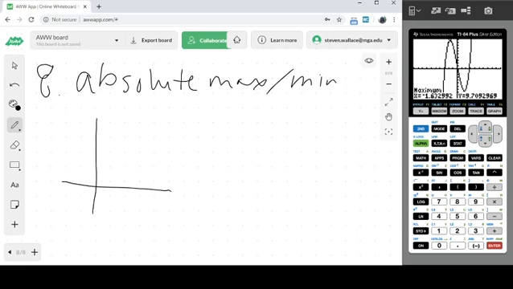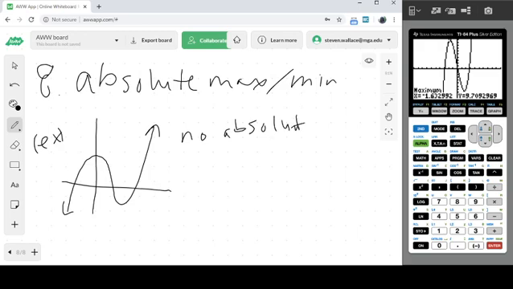So for example, this one here has no absolute max or min, because it goes up to infinity, there's no highest point, and down to negative infinity, there's no lowest point.